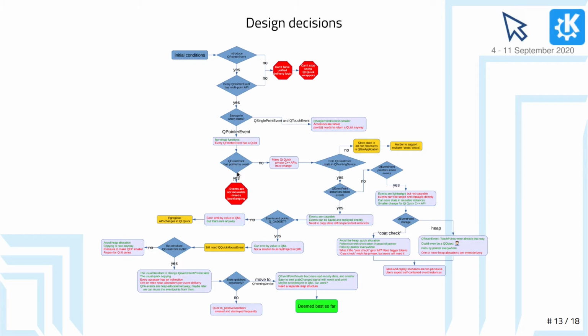The next thing is that QEventPoint, should it have a pointer to the event? Because in QtQuick, we did that with the wrapper events before, that every point knew which event it came from, and therefore we were able to deliver points by themselves without having to always pass the event along with it.